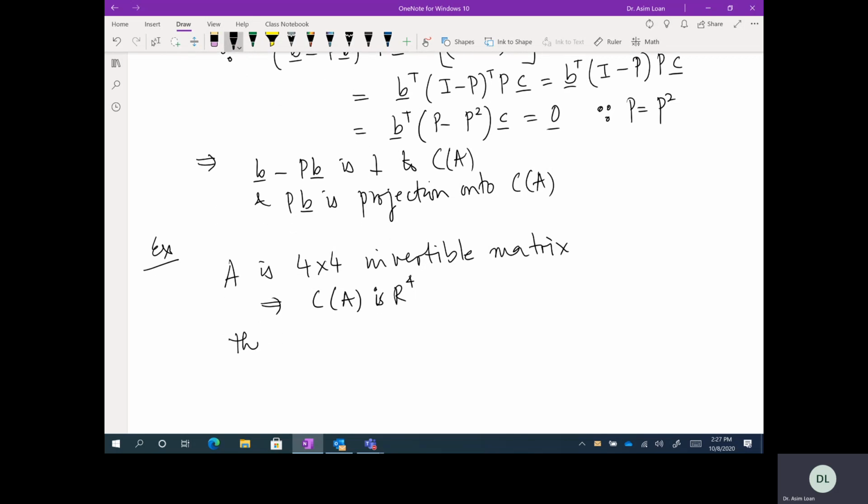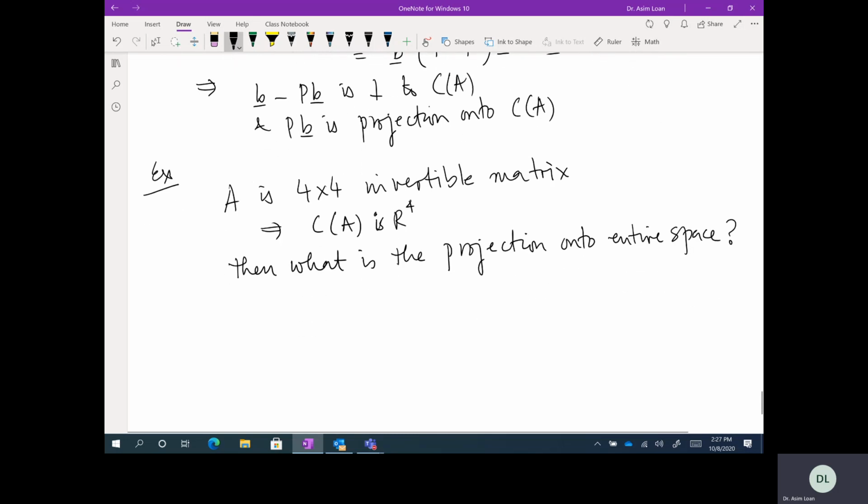Then what is the projection? Onto the whole space, onto the entire space. So P is A into (A transpose A) whole inverse into A transpose.